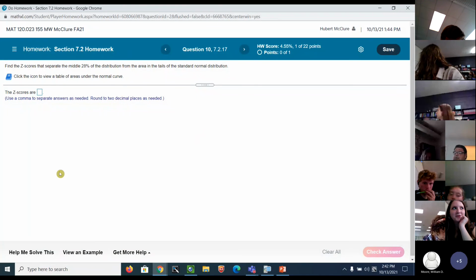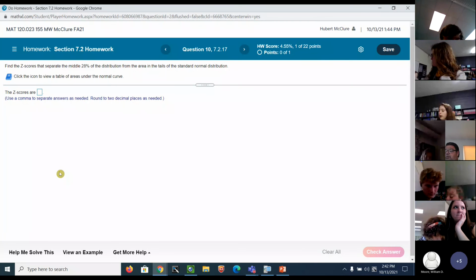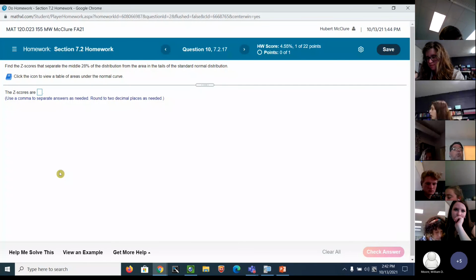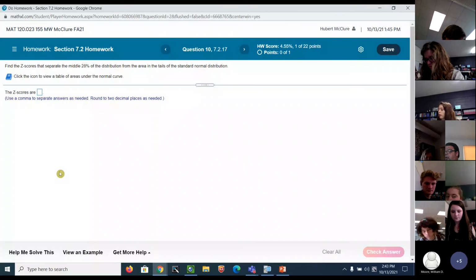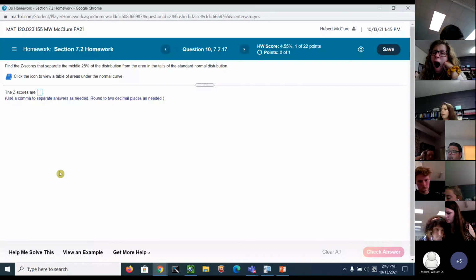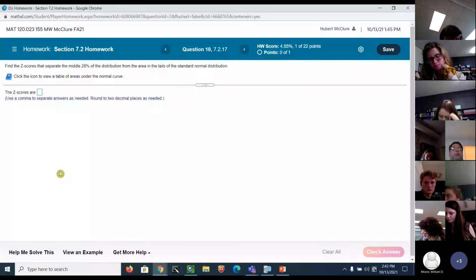It says find the z-scores that separate the middle 28% of the distribution from the area in the tails of the standard normal.